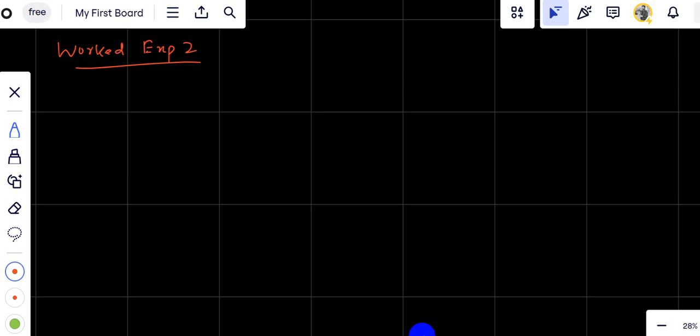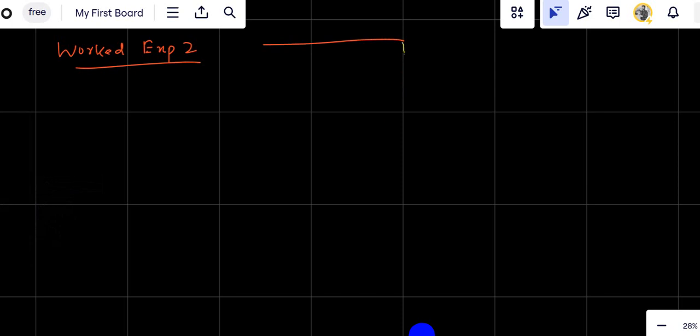Okay, this is the other side, and by joining these two, this is a right triangle now.